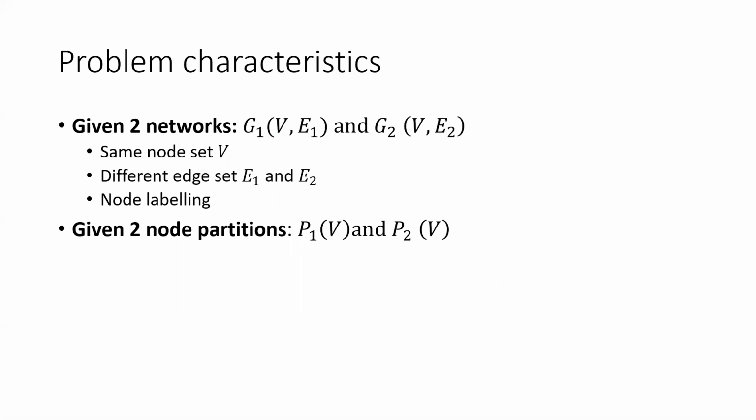So the node is a specific industry or a specific region in the brain. And then we want to compare the modular structure of the networks. So we are going to be given two partitions of these two networks that describe their modular structure, P1 and P2, which are defined on the vertex set for both networks.